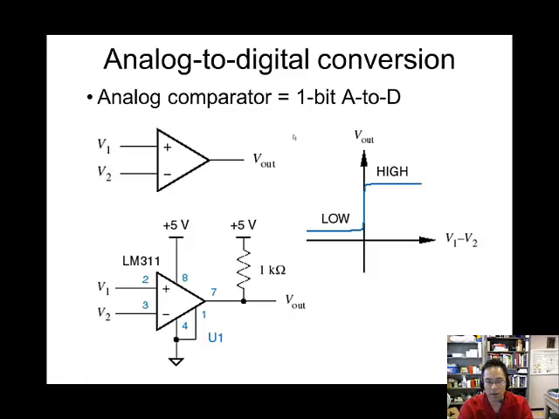Now if we think about just using an analog comparator, just an op-amp here, we actually have a 1-bit analog to digital converter if we have a pull-up on the output of the comparator. Basically, we're going to generate either a low output or a high output using this comparator.